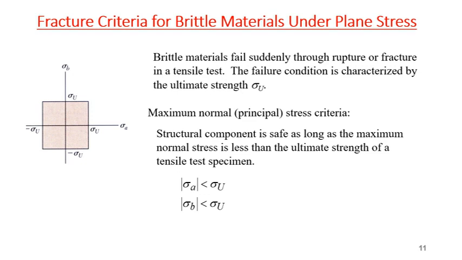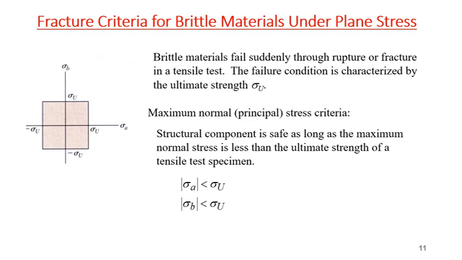So what is this criteria? Brittle material fails suddenly through rupture or fracture. In a tensile test, the failure condition is characterized by ultimate stress. It means according to this criteria, when any of the principal stresses, now let's suppose you have a general state of stress on a material. Let me write under plane stress.